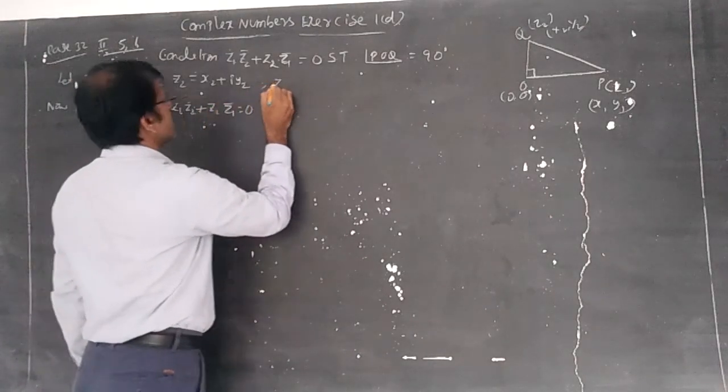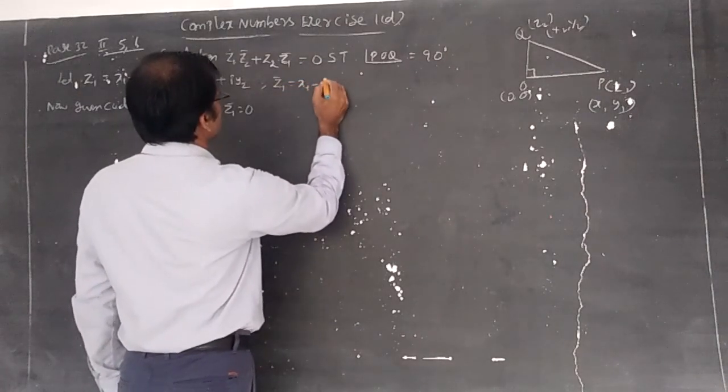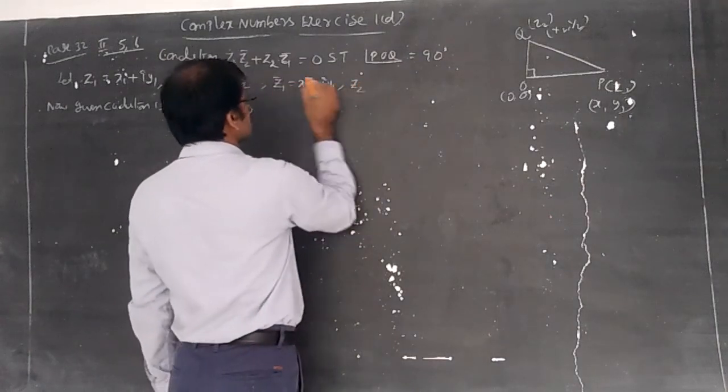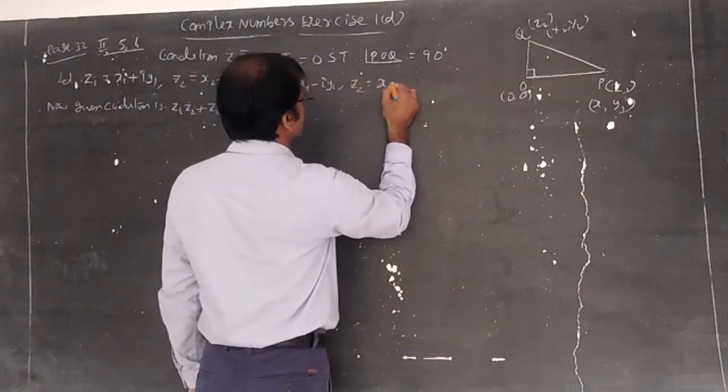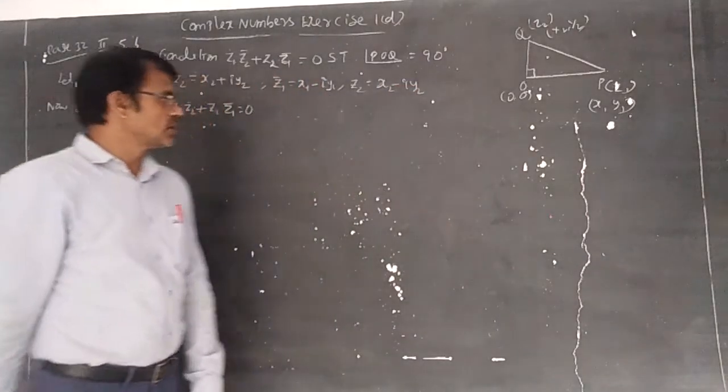Bar means the conjugate complex number. I am writing Z1 bar is equal to x1 minus i y1 and Z2 bar is equal to x2 minus i y2.